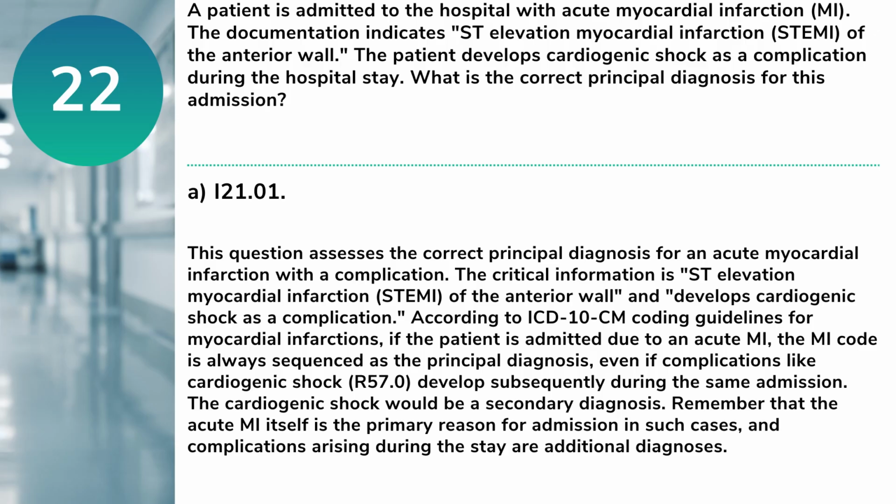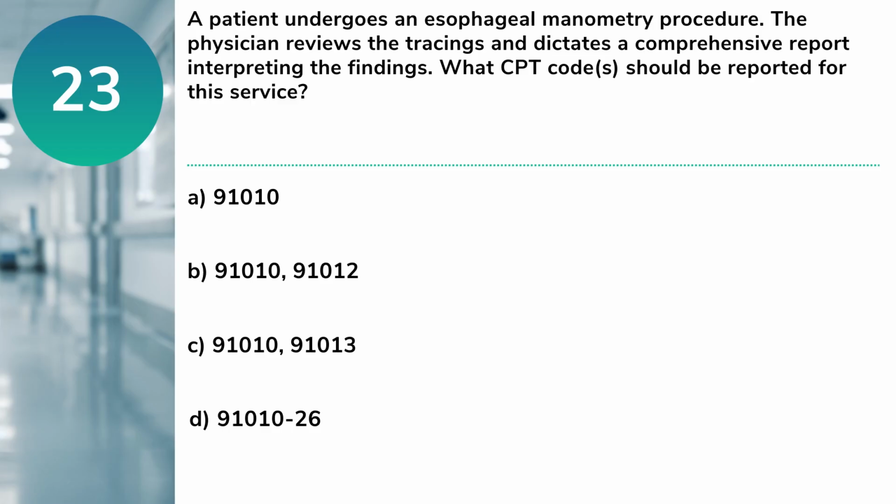According to ICD-10 coding guidelines for myocardial infarctions, if the patient is admitted due to an acute MI, the MI code is always sequenced as the principal diagnosis, even if complications like cardiogenic shock, R57.0, develop subsequently during the same admission. The cardiogenic shock would be a secondary diagnosis. Remember that the acute MI itself is the primary reason for admission in such cases, and complications arising during the stay are additional diagnoses.